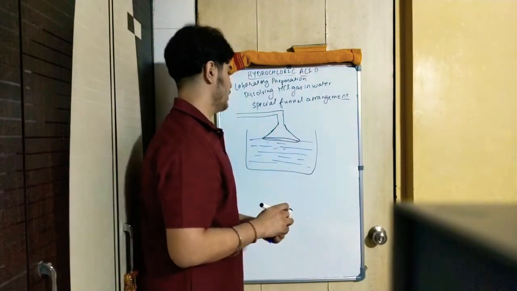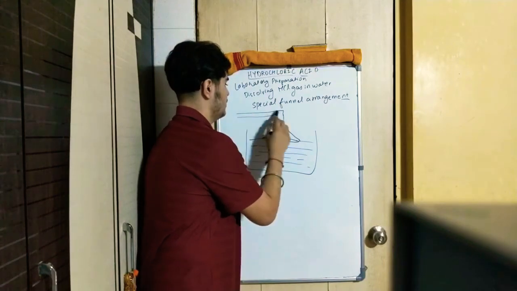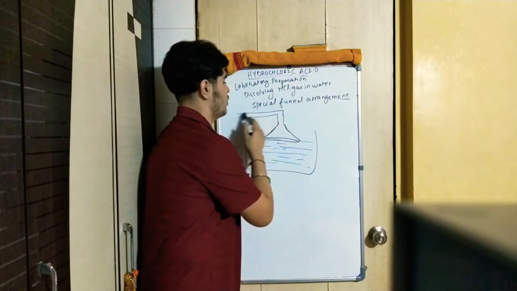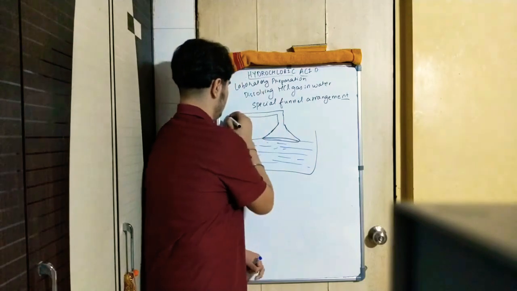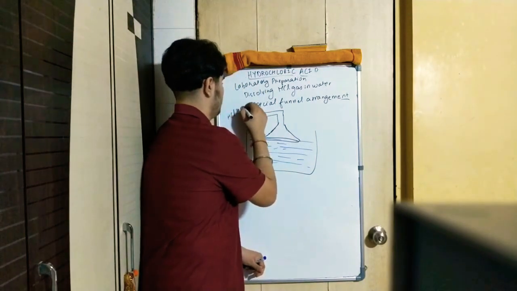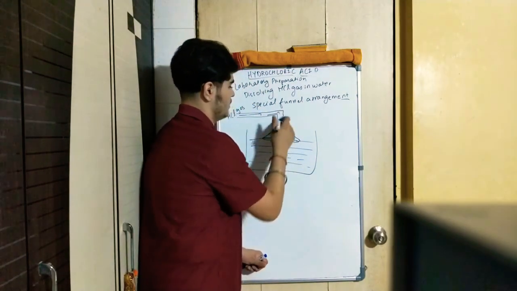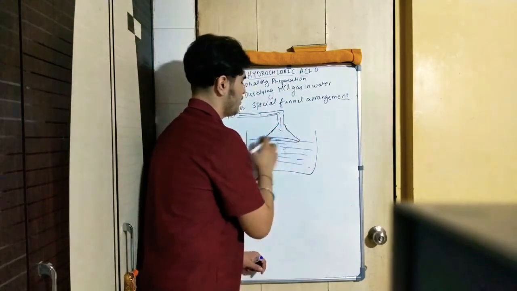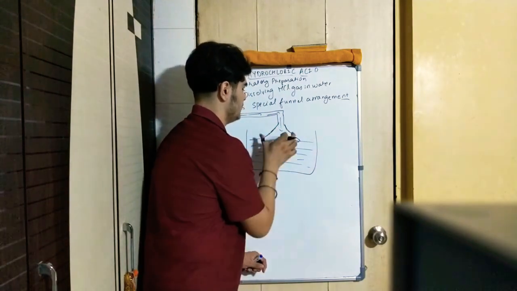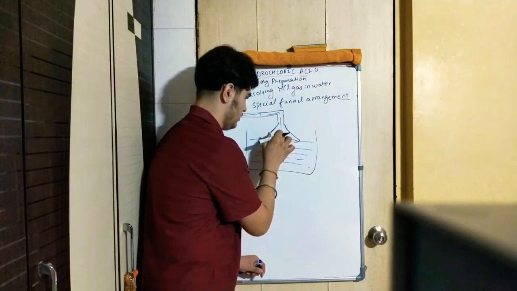I will explain it to you again. Whenever the HCl gas passes through here, it provides a great surface area for absorption. It is at the rim of the surface of the water.